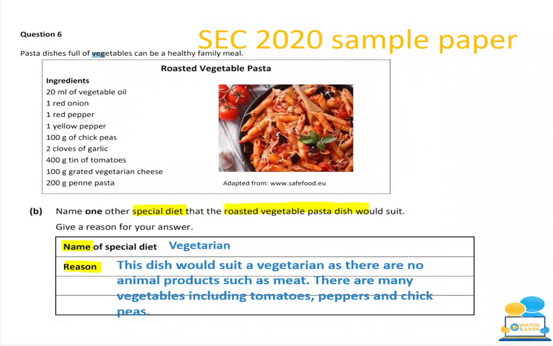There are many vegetables including tomatoes, peppers and chickpeas, and you could also write down the fact that it says 100 grams of grated vegetarian cheese, which really does concrete this answer for suiting someone on a vegetarian or vegan diet, okay? Yeah, this would be the type of question that will come up. So it is actually a very nice question. You just have to read all the information which is there.